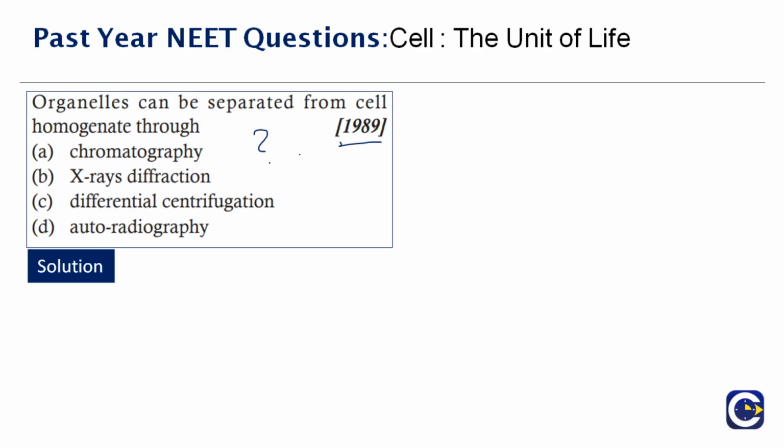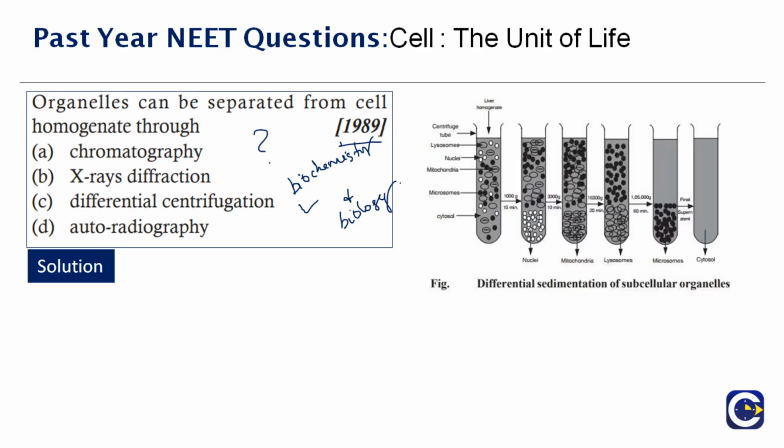This process of centrifugation is called differential centrifugation. It is also called differential velocity centrifugation, and it is commonly seen in biochemistry and biology. They use it highly to separate cell organelles and do many experiments. Therefore, organelles can be separated from cell homogenate through differential centrifugation.